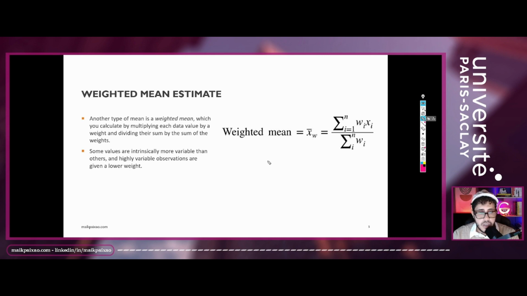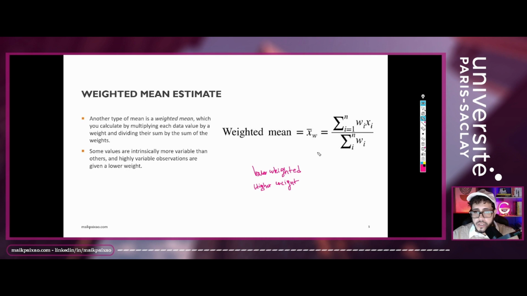By doing this, we must give a lower weight to the wrong values collected by our sensors, and a higher weight to those records that were collected successfully, so we don't have any problem with that.